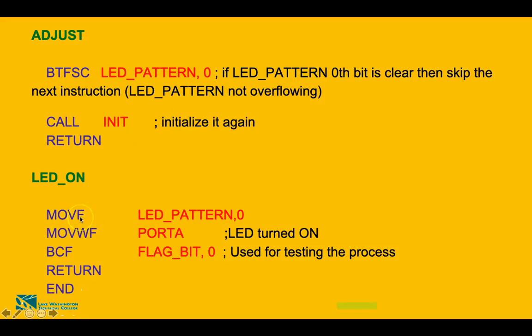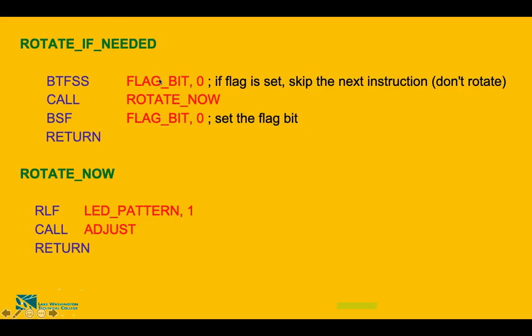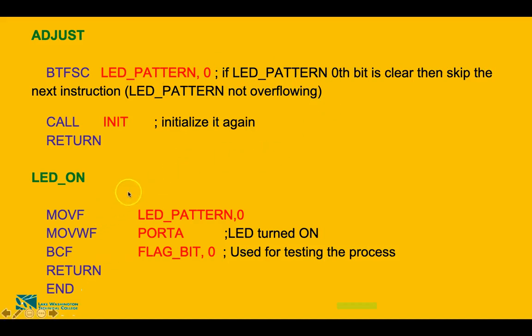Starting here, movwf, which means whatever you have in the working register is moved to the F. You remember what you have in the working register. If you go back here, this was there in your working register. So we are moving this literal number into the LED pattern. Here you had 0 0 0 1 and then 0 0 0 in the working register, and it has moved to this LED underscore pattern, and then comma 0.